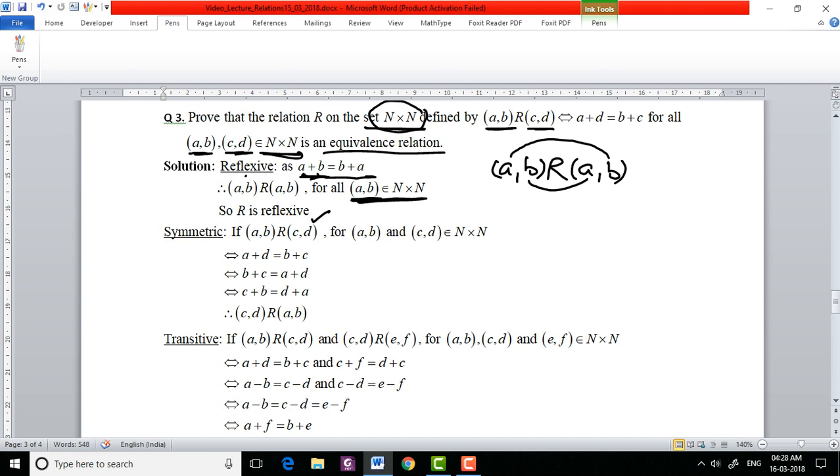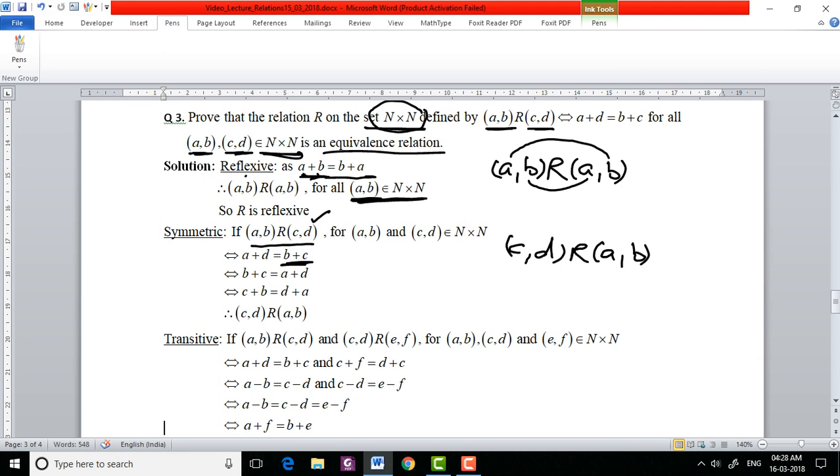For the symmetric part, we need that if a comma b is related to c comma d, then we need to show that c comma d is related to a comma b. According to the definition, a plus d is equal to b plus c. Now I can simply interchange the left hand side with the right hand side, so b plus c comes to the left hand side, and this is equal to a plus d.